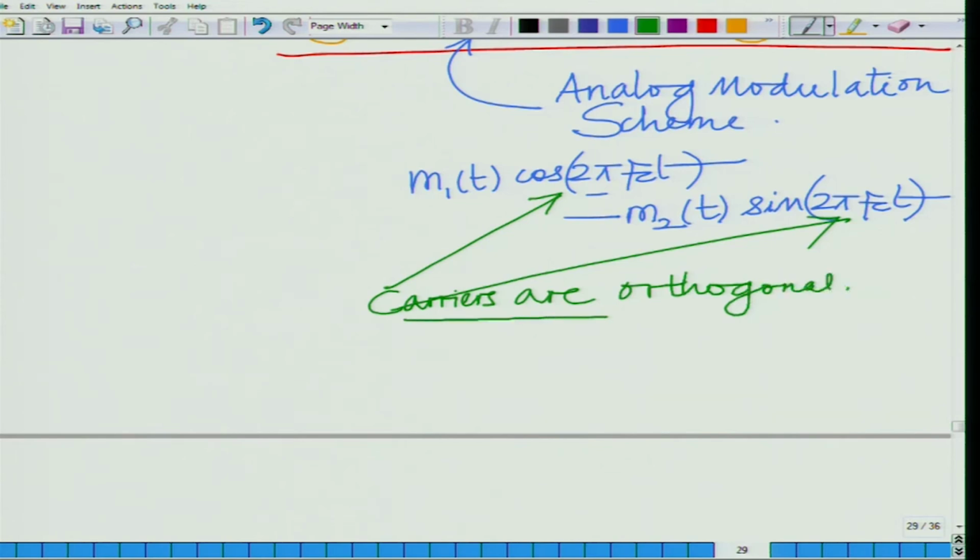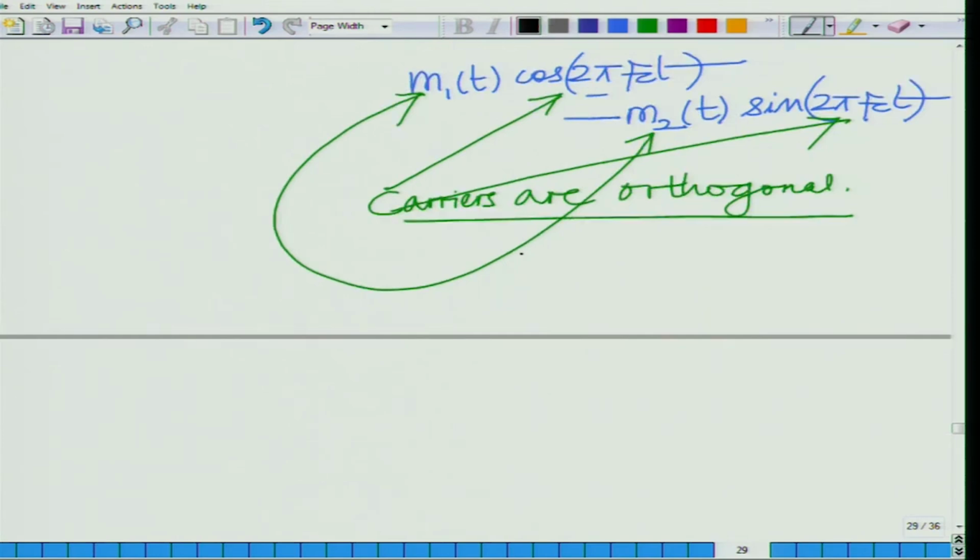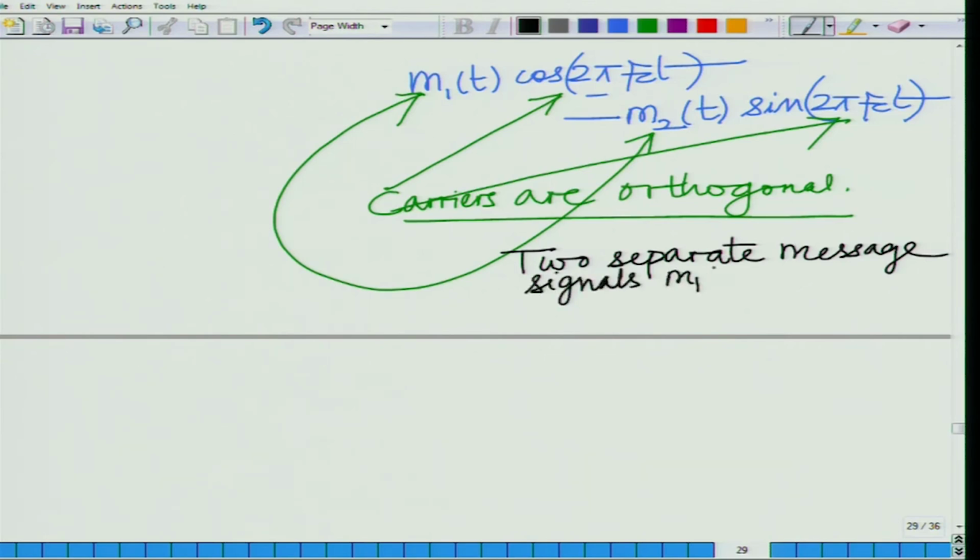Therefore, you can modulate two separate message signals m1(t), m2(t).